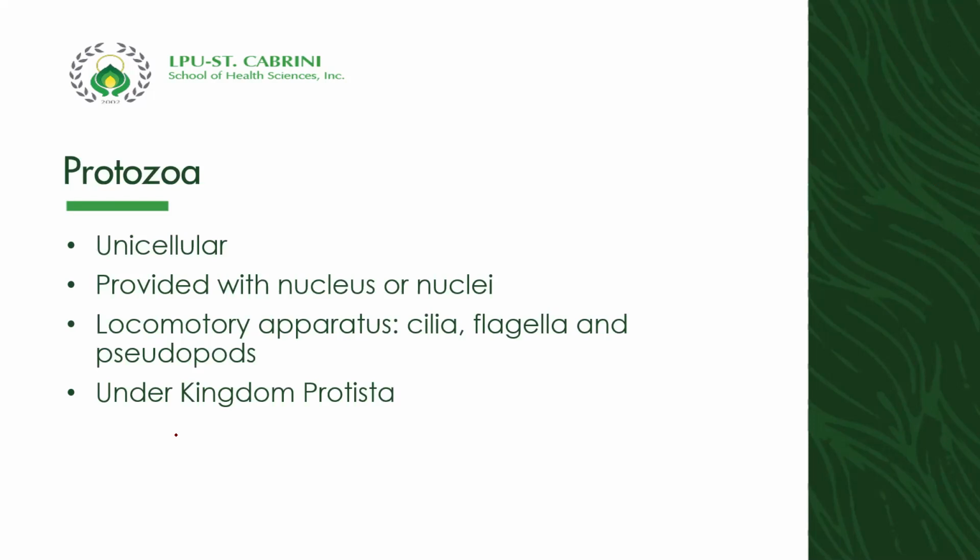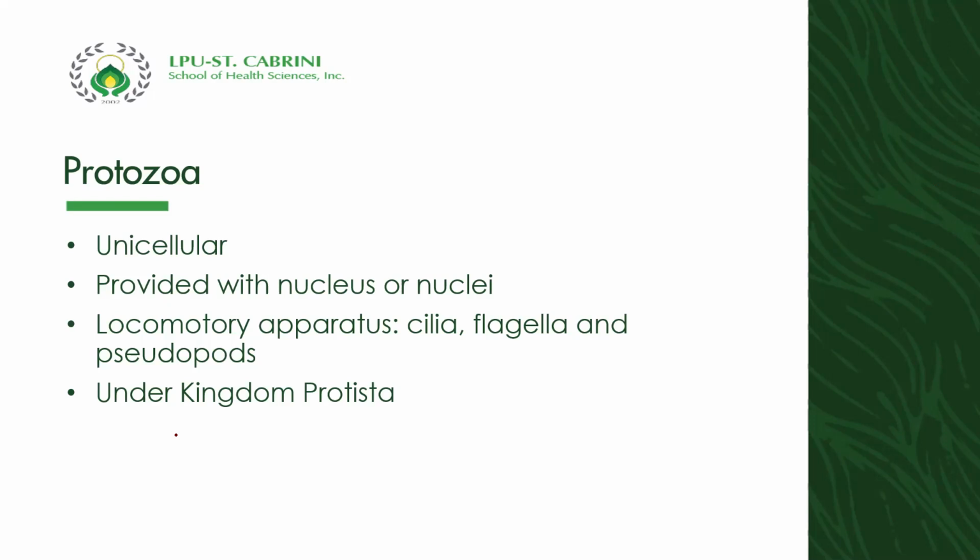Okay? Now, for the groups of medically important parasites, we have the protozoa. When we say protozoans, they are unicellular. Parasitic infections are either due to unicellular protozoans or multicellular metazoans. Take note, guys, that generally protozoan parasites are provided with nucleus as well as cytoplasm, and of course, the outer limiting membrane.